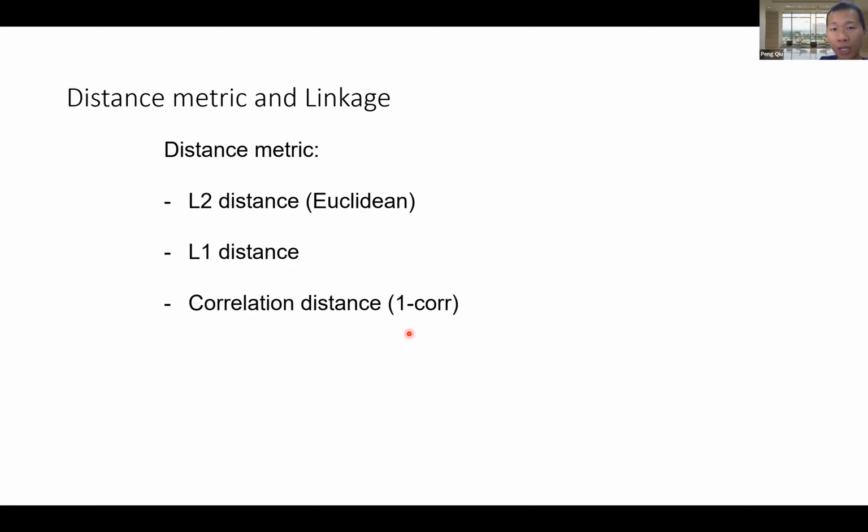In fact, when I cluster genes, I usually use correlation distance because a certain gene may be highly expressed across all samples, and another gene may be relatively lowly expressed. But if they covary, meaning they go up and down at the same time, maybe they're involved in a common pathway. So in that case, correlation would be more important.